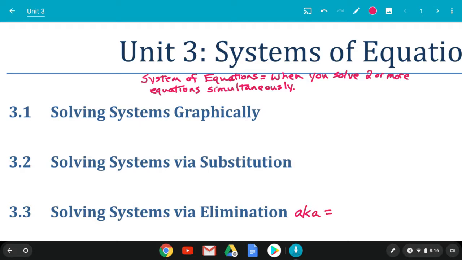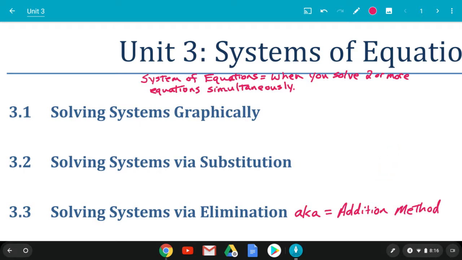Also known as the addition method. Okay. Is this already starting to sound familiar to you? I know you did it last year, so hopefully it'll come back to you.